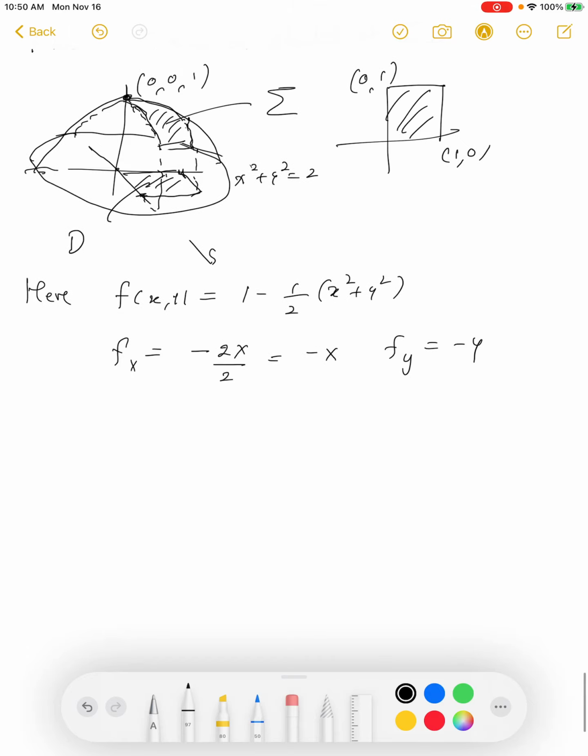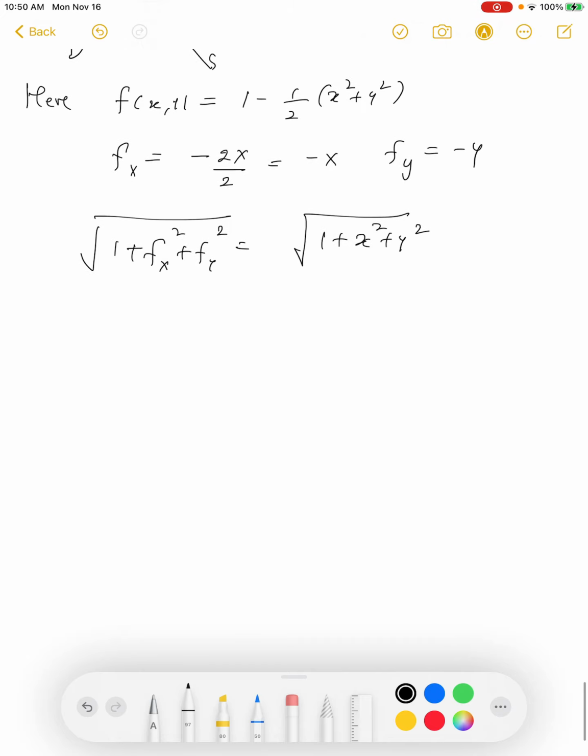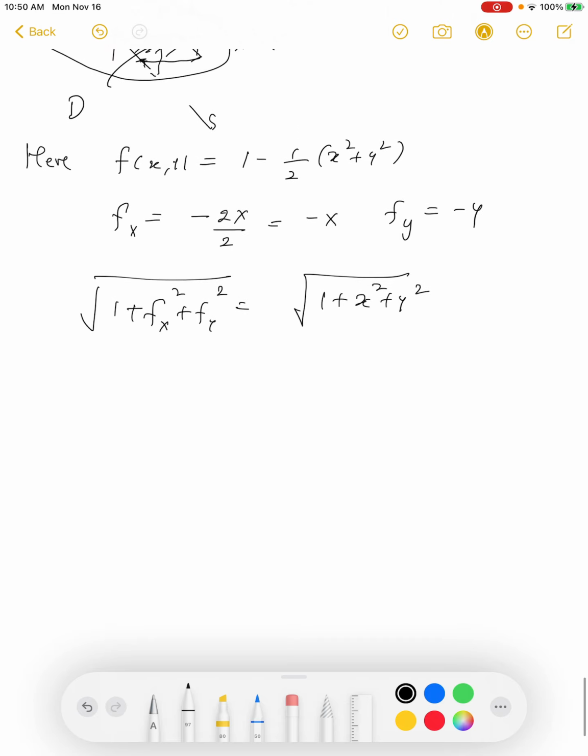Similarly, fy will be minus y. So this quantity root of 1 plus fx square plus fy square will be root of 1 plus x square plus y square.